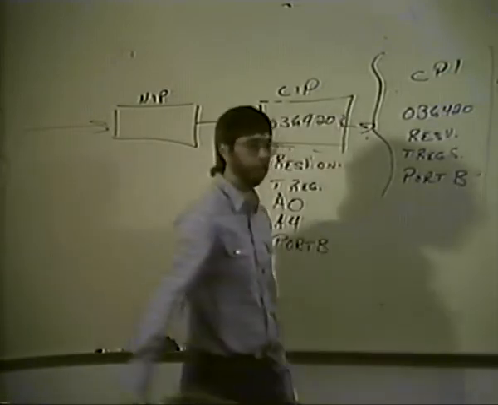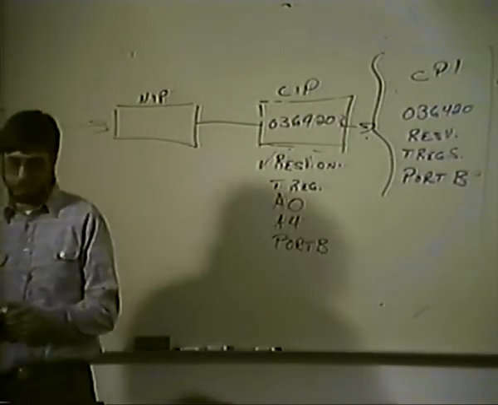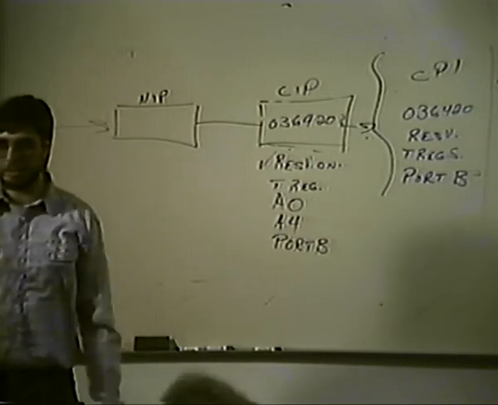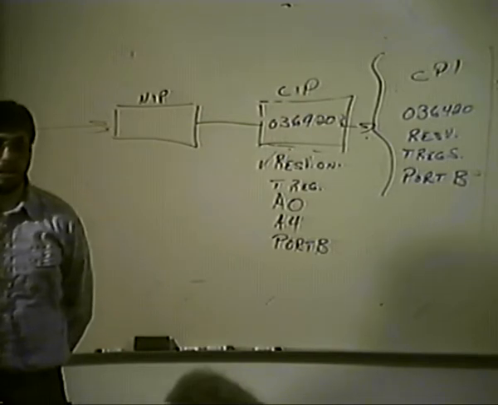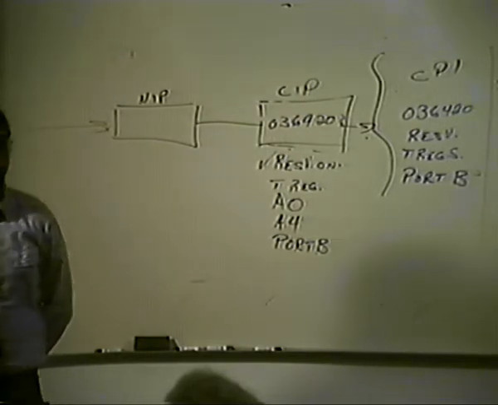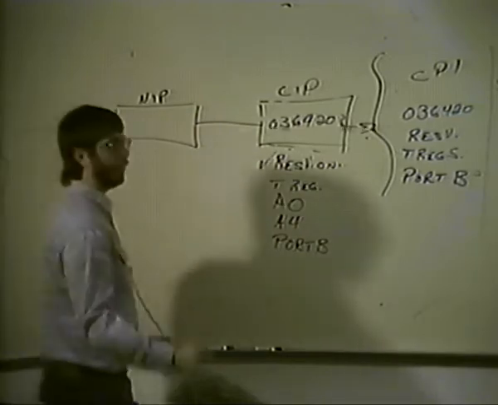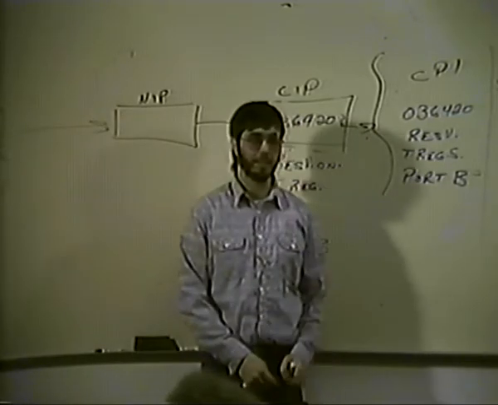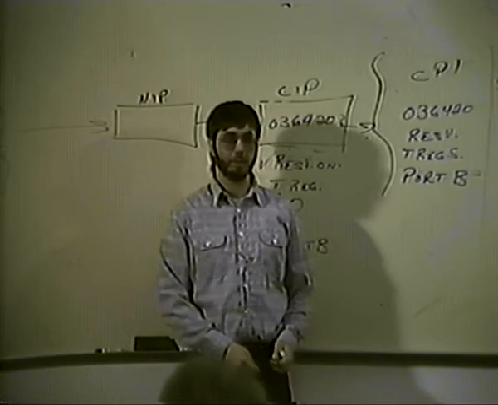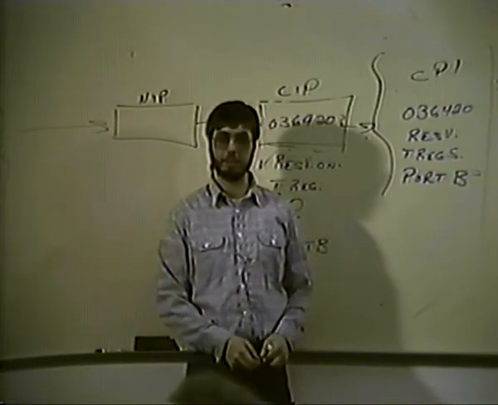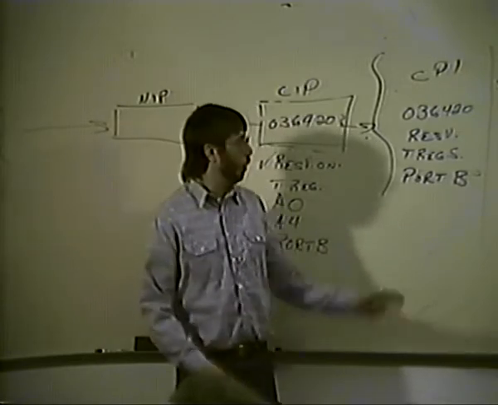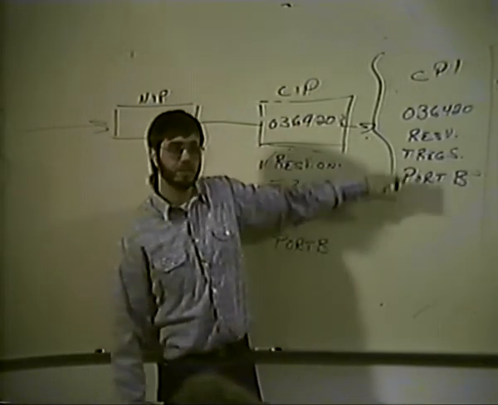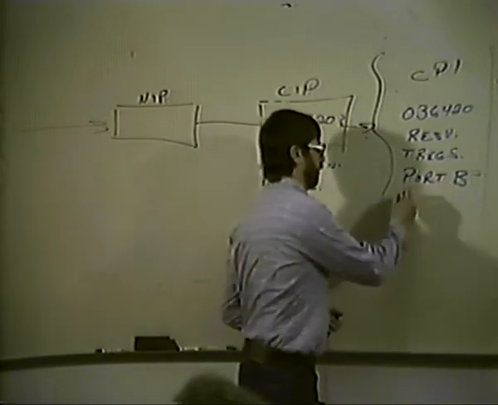We'll reserve port B. Now, how long are we going to reserve port B and the T registers for? 113 clock periods, something like that. 113 clock periods? Can we predict how long that reservation has to hold? We know it's an A0. What about all those memory conflicts and stuff I was telling you about? Yeah. What we're going to do is keep these reservations for block length.